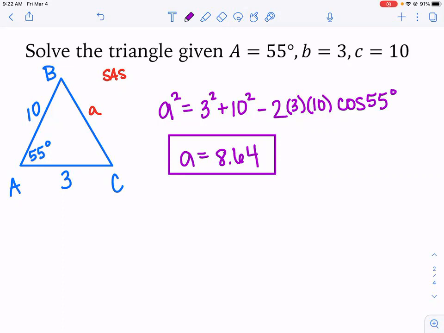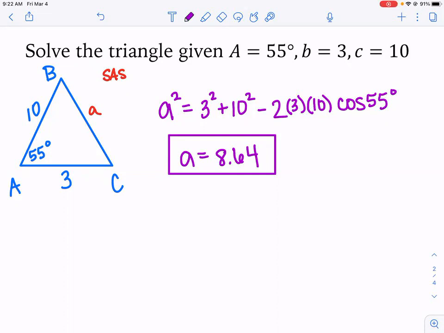So if we're going to switch to law of sines, we do not want to find the biggest angle with law of sines, just in case it's obtuse. So I am not going to find angle C first. It's across from the biggest side. If angle C is obtuse, the law of sines is not going to help me get the right answer.